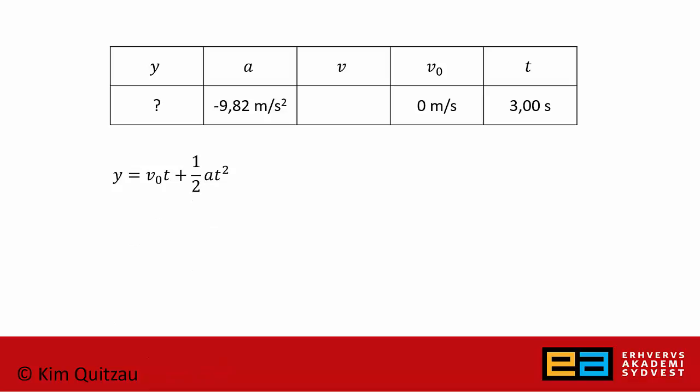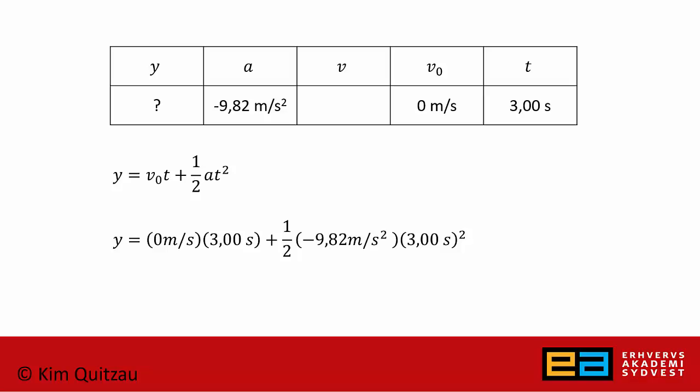Now we just put in some numbers, and we can see here that the first part of the equation doesn't do anything, because 0 meters per second multiplied by 3 seconds, well, that's 0 meters. So our displacement is half of our acceleration multiplied by time squared.